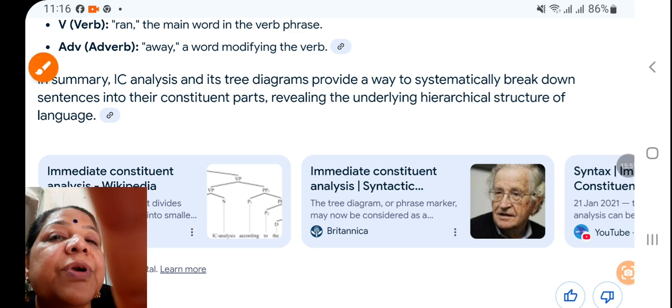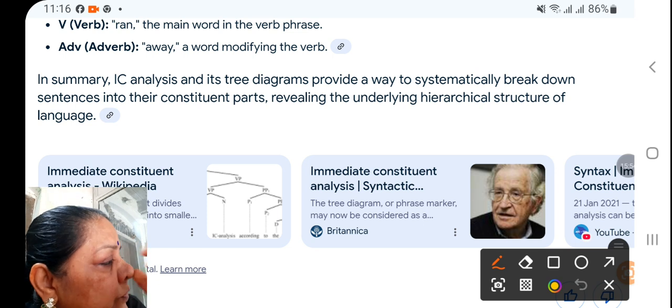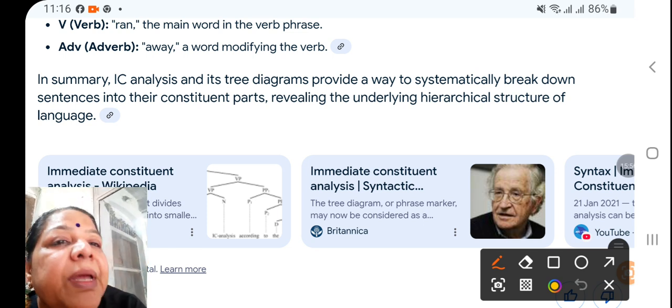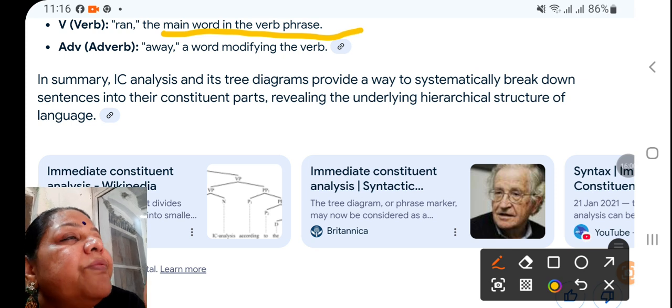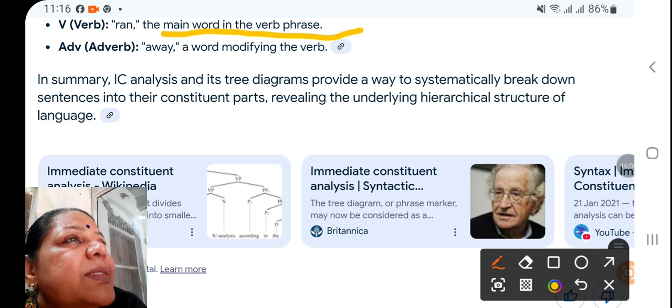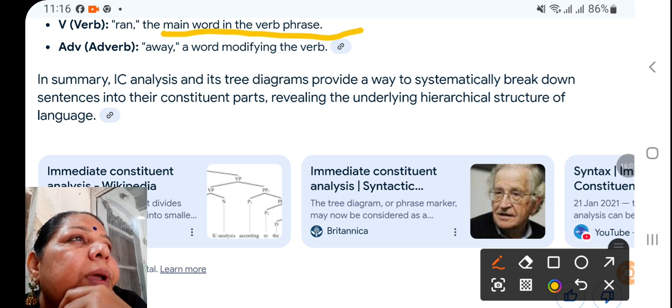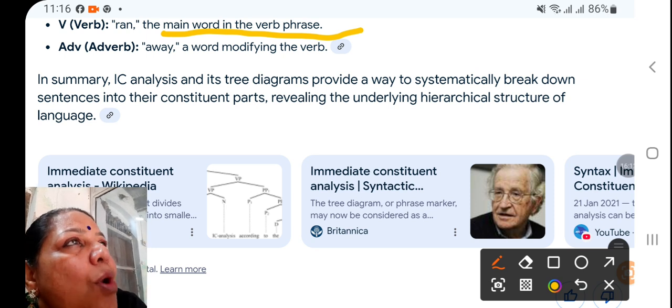Then the verb is the main word of the verb phrase. What is a verb? What we call the verb in the sentence. So that's the main word of the verb phrase. For example, you have been instructed for two days, right?